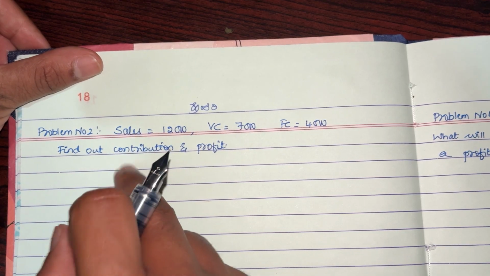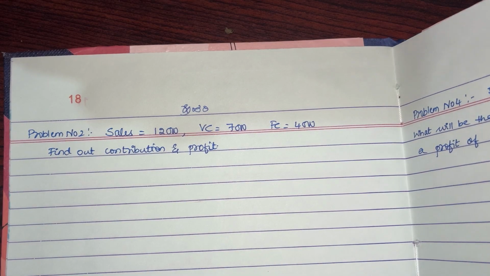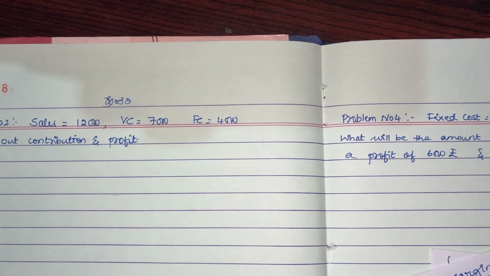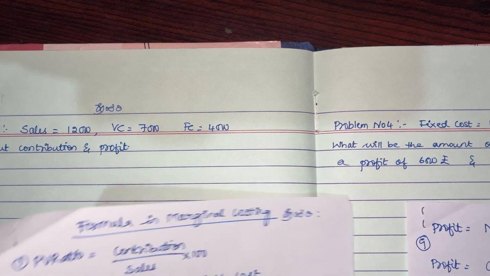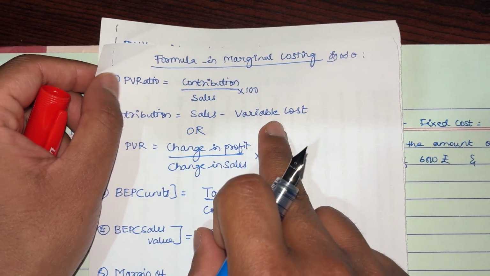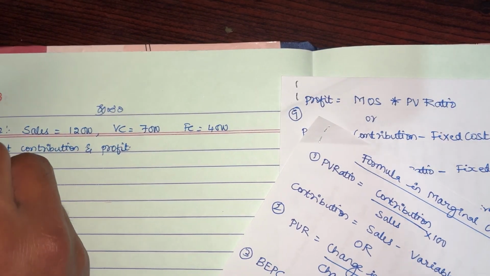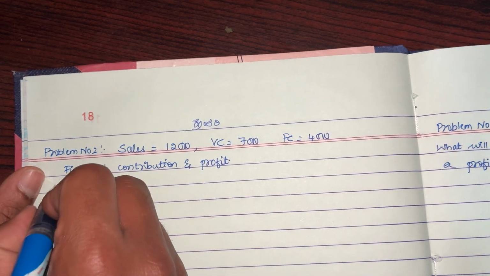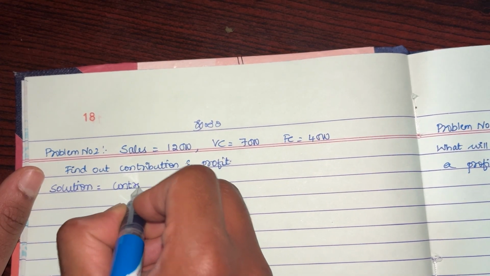Now how do we find out contribution, dear student? Contribution is sales minus variable cost, right? Sales is given and variable cost is given. So let me write the solution.